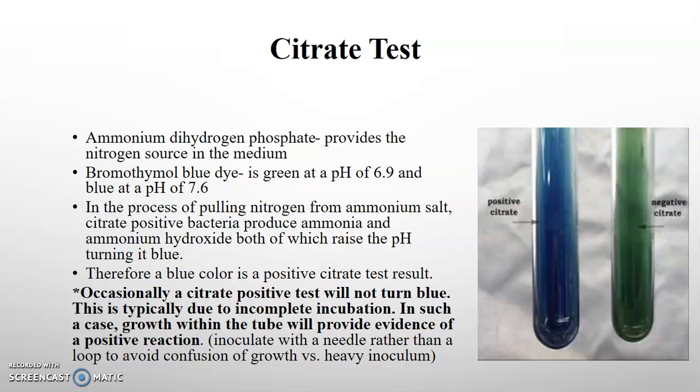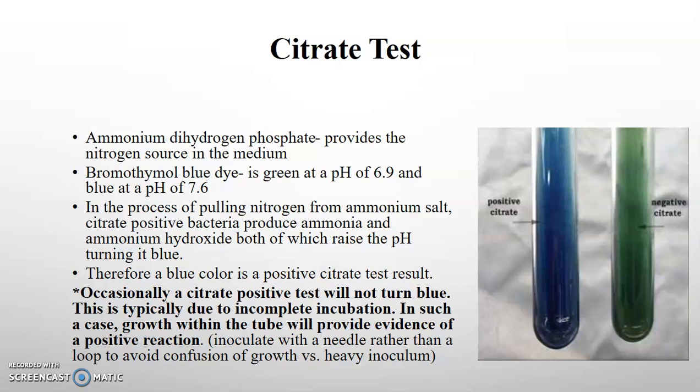There are cases where you will put a bacterium in here that does have the citrate permease enzyme. So it should break down citrate, it should cause a color change to happen, and it should cause the test tube to turn blue, but for whatever reason, it doesn't. And sometimes that can be due to incomplete incubation.